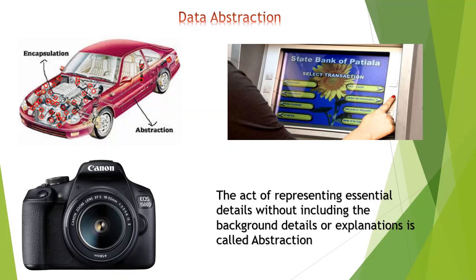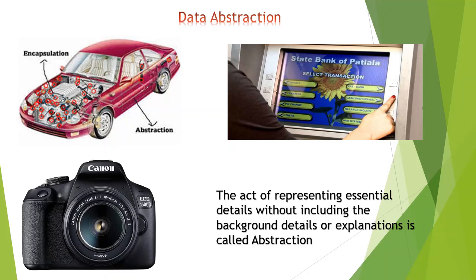In the same way, we will take another example as a camera, digital camera. Digital camera consists of many number of buttons, right? If you see a digital camera, it consists of many number of buttons. What is the purpose of the camera? It is used to capture the picture as well as to record a video. Any person can click the picture, can record the video by making use of these buttons.